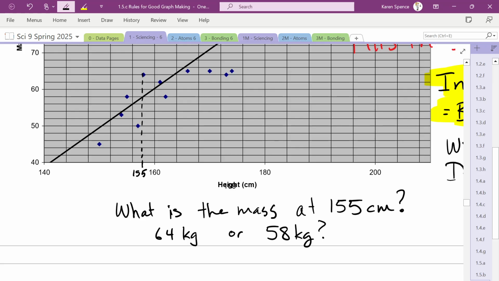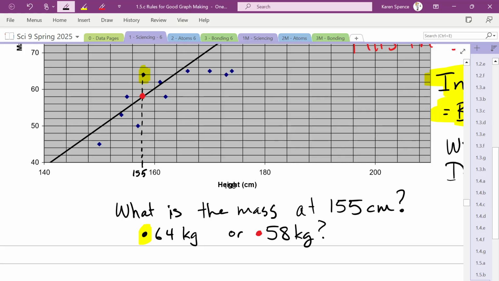So what is it? You have a choice. You get to choose either the point on the line, which is the 58, or you get to choose the data point that's there.